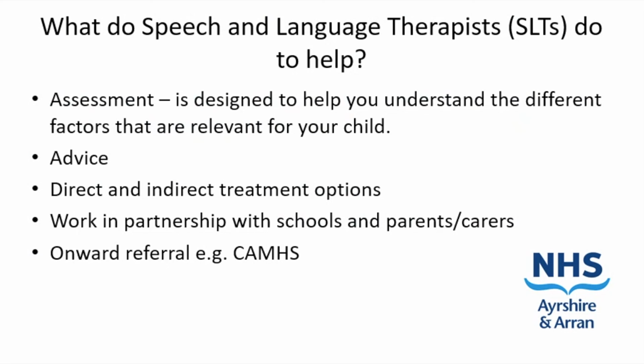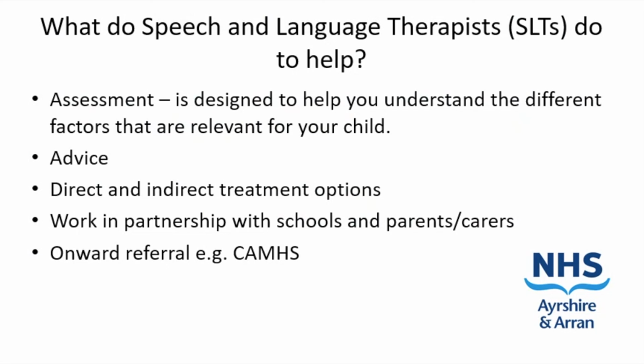So treatment might be direct or indirect. Very likely, if your child is under 7, the likely approach is that we would look at helping you to develop some skills to manage your child's stammer. We'd be unlikely to be working directly with the child, giving them techniques or anything like that.